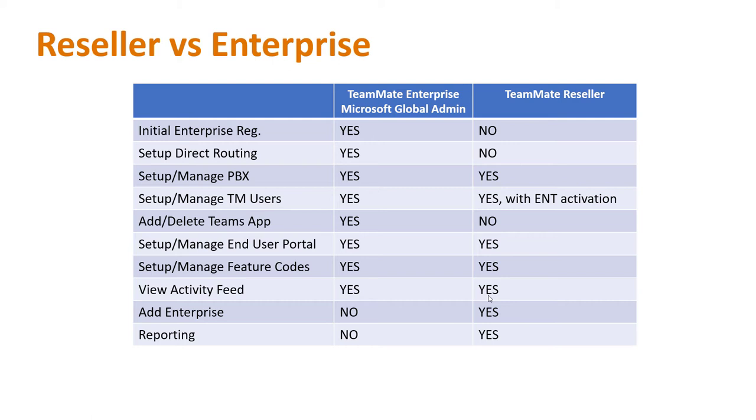As you can see, there are certain tasks that the reseller cannot do. These all involve tasks that require Microsoft credentials, such as registering an enterprise and giving permissions, setting up the direct routing itself, activating users in Teams, and ultimately deploying, if you require it, the application.